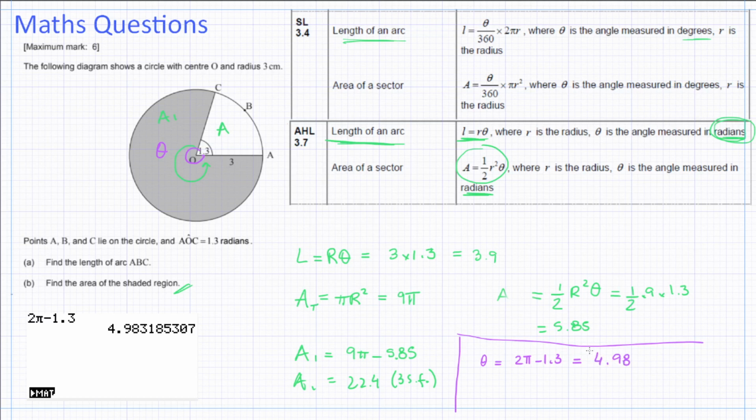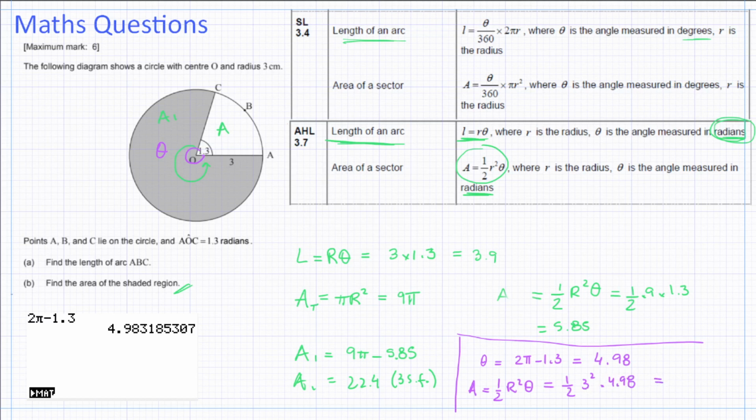4.98. And remember, you wouldn't necessarily use this number when you carry on. Otherwise, if you use this one, you might have some rounding errors that will be problematic. So what I would suggest is that you follow using this value that you have in your calculator by typing the answer button. So the area would then be half r squared theta, which is half 3 squared times 4.98318 and so forth.